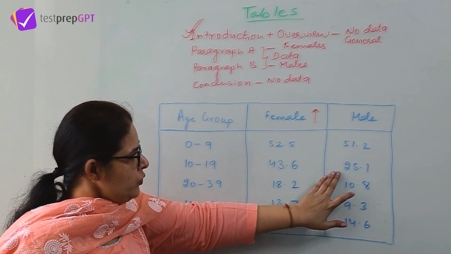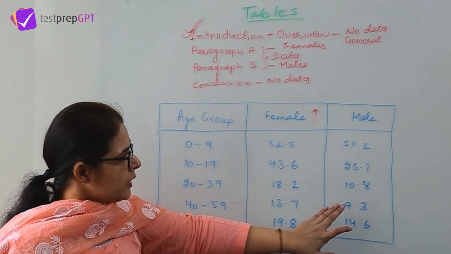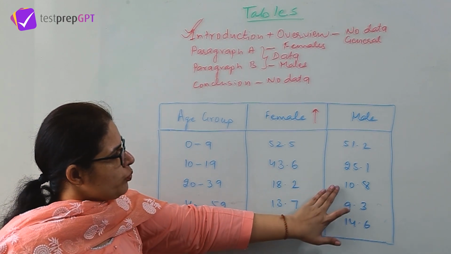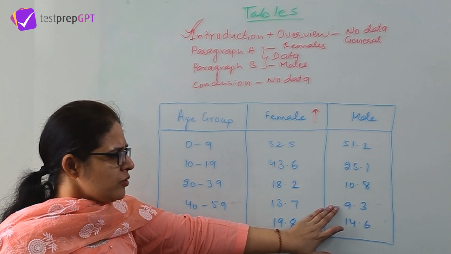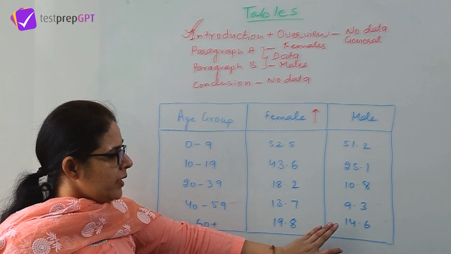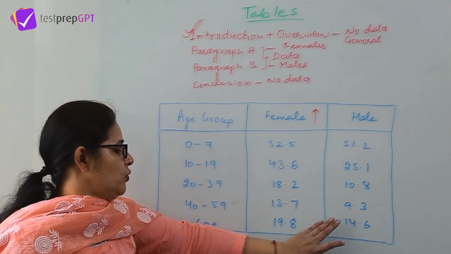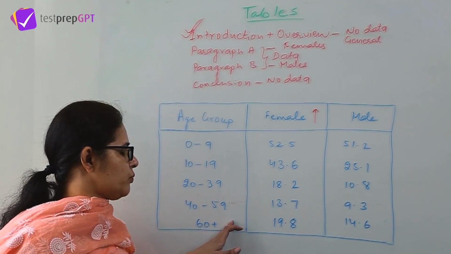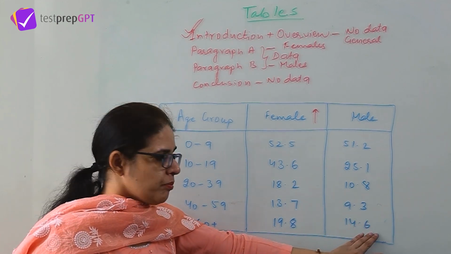Then you can talk about 10 to 19, it decreased. Then as these two percentages are almost equal, almost 9 to 10% of them. And then finally, in the last sentence of paragraph B, you can talk about the aged people who are aged 60 years and above and are males.